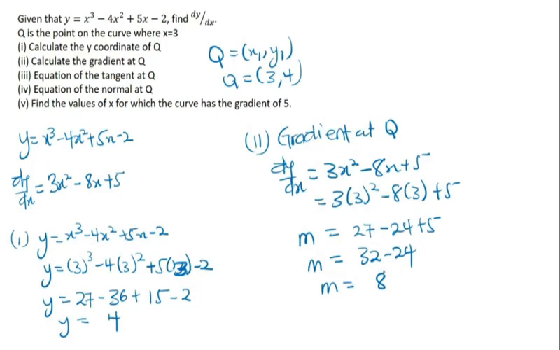So our gradient for this particular example is 8. Now that we have our gradient and our coordinate on the curve, let's go ahead and find the tangent to the curve, the normal to the curve, and then we tackle the last aspect of the question. So the tangent.